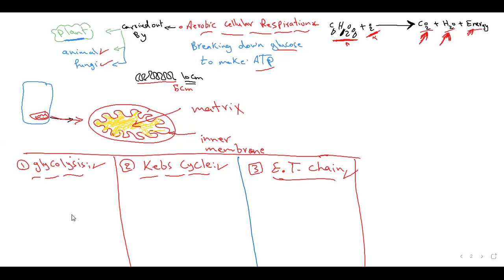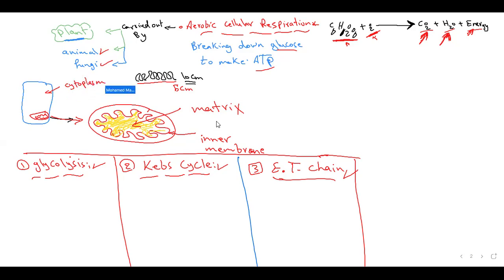Okay. We have three steps here, and the mitochondria is made up of only two parts. So this is a problem. Not a problem at all, because the first step, glycolysis, happens in the cytoplasm.